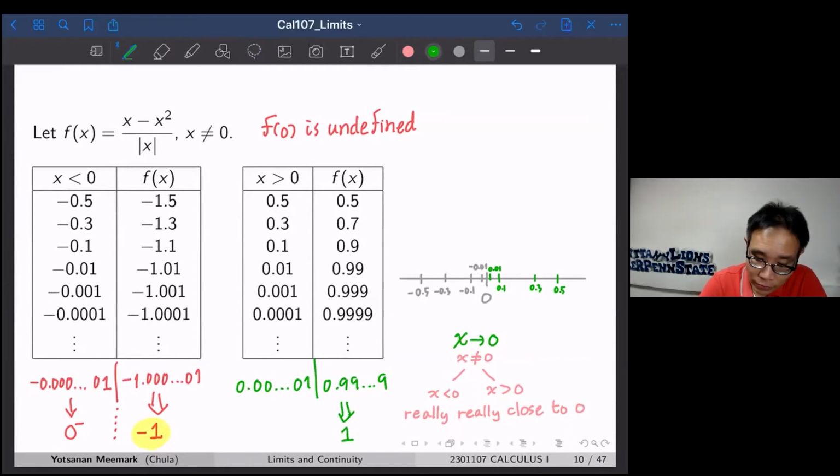In this case, x is going to be very, very close to 0. However, it's on the opposite side of what we had in the previous case.